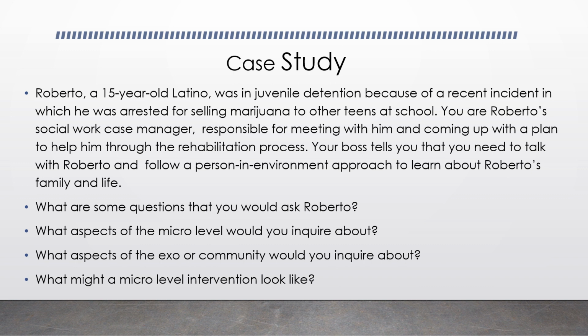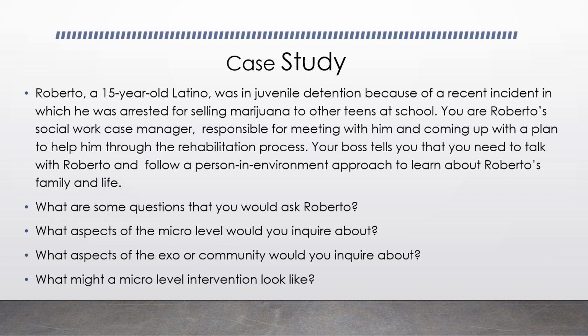So maybe you need to look at the employment situation and options for Roberto's father and his family to help with that. And so again, looking at these different levels, looking at Roberto not just as an individual who committed a crime, but understanding who he is as a person, what his goals are, what his talents are, the circumstances that led him to being in this situation, and how you can get out of it can really help develop a more solid intervention plan.